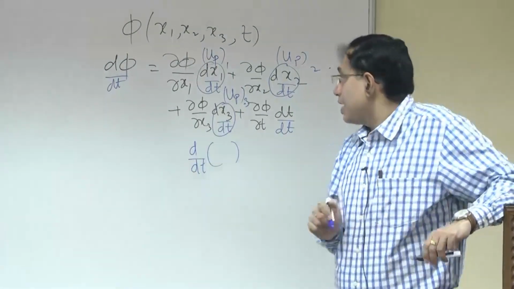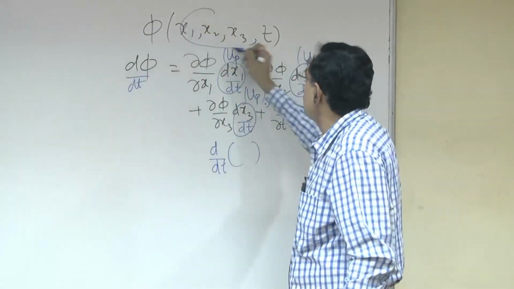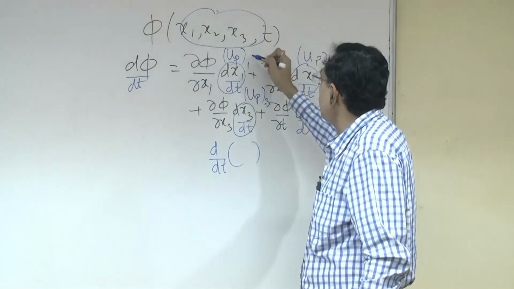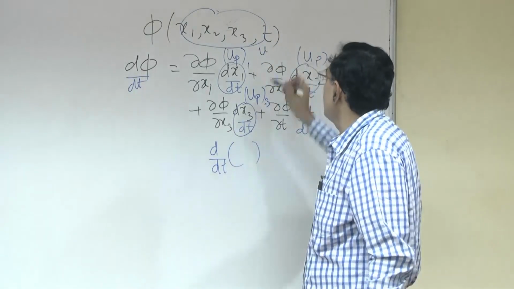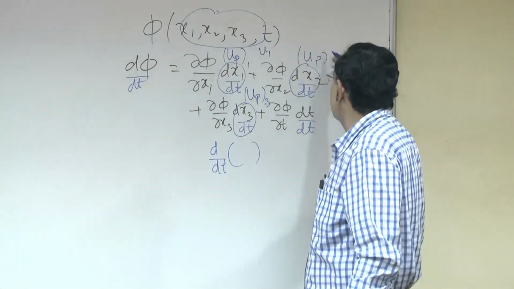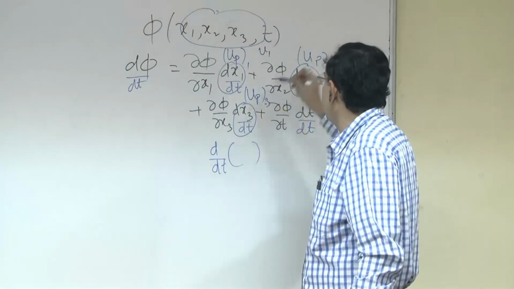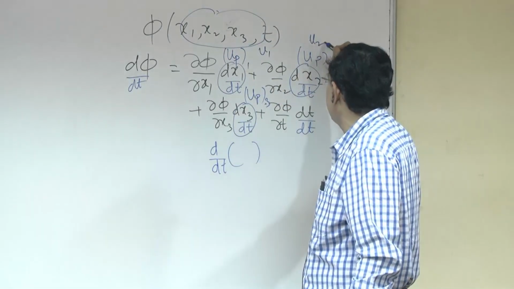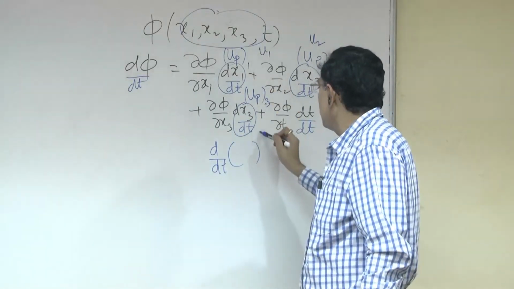So at a given location, when this particle comes to x1, x2, x3, you have its velocity as u1. Similarly, its y component of velocity becomes u2 and its z component of velocity becomes u3.